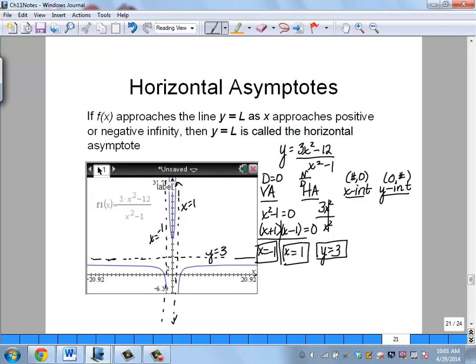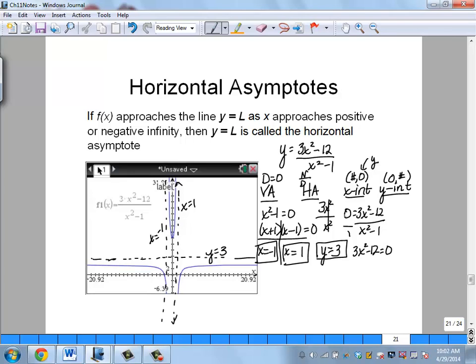X-intercept, I take this graph and wherever y is 0, so I'm going to say 0 equals 3x squared minus 12 all over x squared minus 1. And you can cross multiply if you want. If I cross multiply, I really have 3x squared minus 12 equals 0.